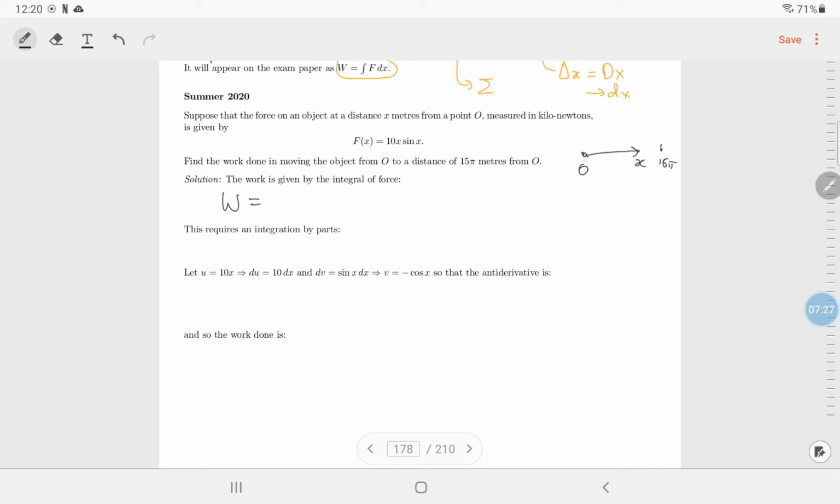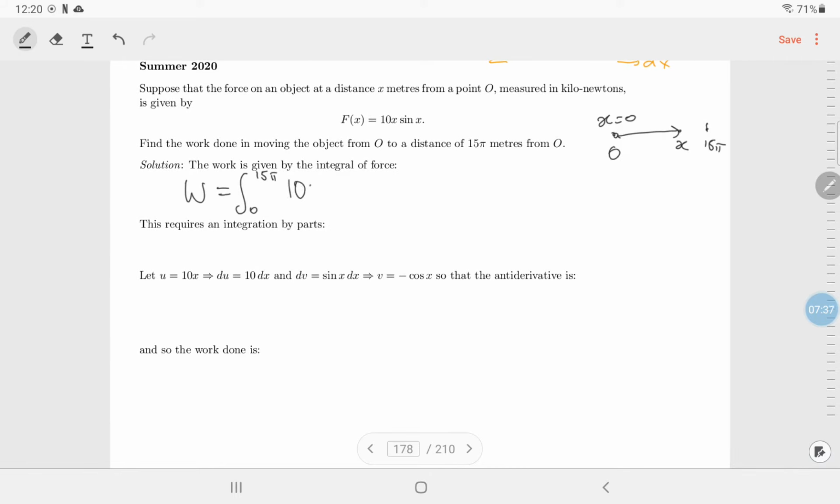Here the distance from O is 0, so you're trying to go from 0 to 15 pi. That's what you're integrating over: the force, which is 10x sine x dx. And you'll get marks for just writing that down, by the way, to know that the work is the integral of the force. Now this is going to need integration by parts.